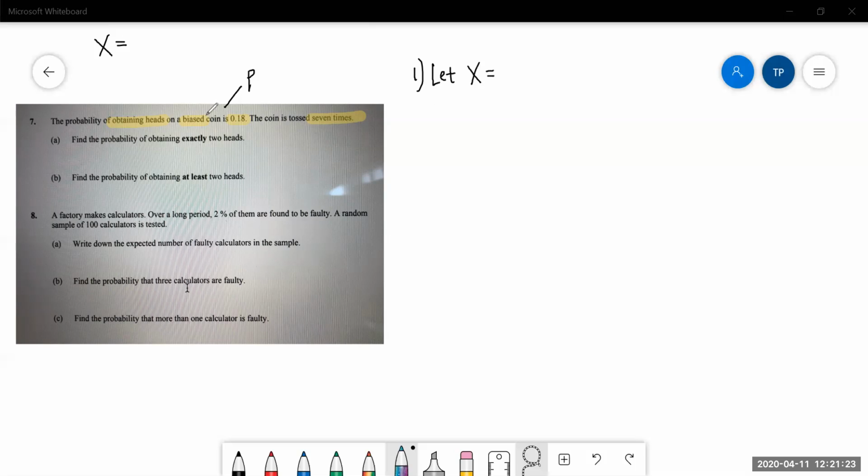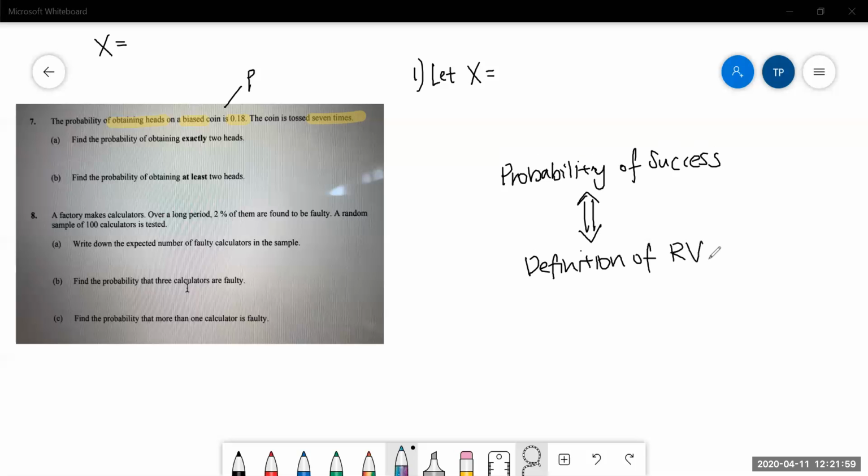If p is the probability of obtaining heads, the probability of success is determined by the definition, remember? Just now I mentioned. I repeat: the probability of success correlates to the definition of the random variable.